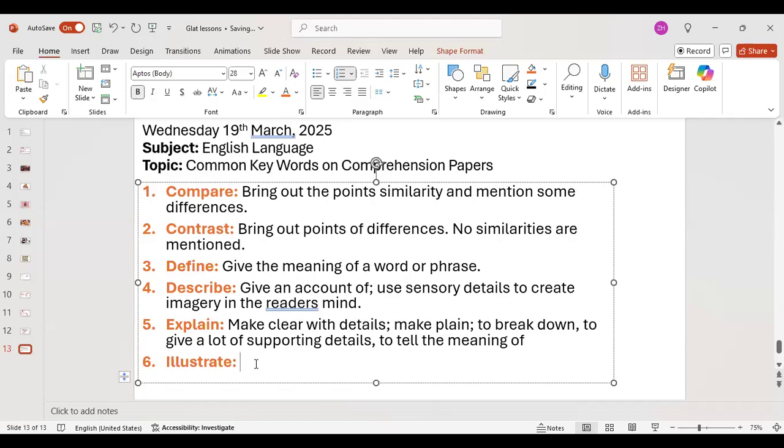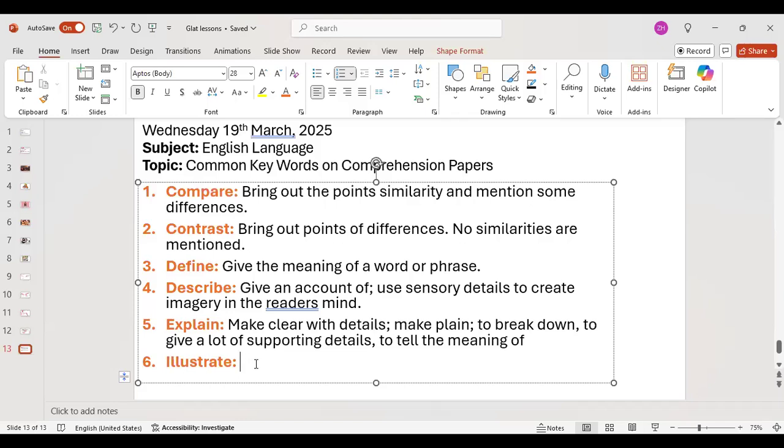So for example, if someone says they're stronger than you, or smarter, or more handsome than you, and all you say is illustrate, which means show me. So illustrate means to show or to demonstrate. If you say you are harder than me, then show me how. That's what illustrate means.